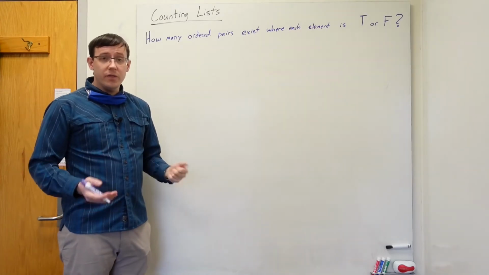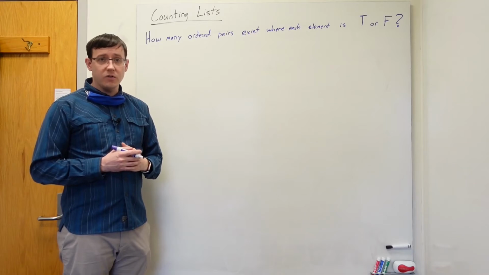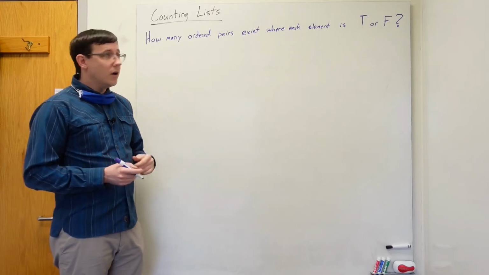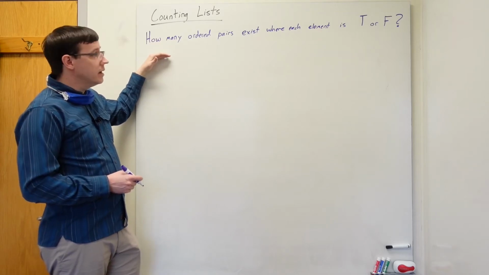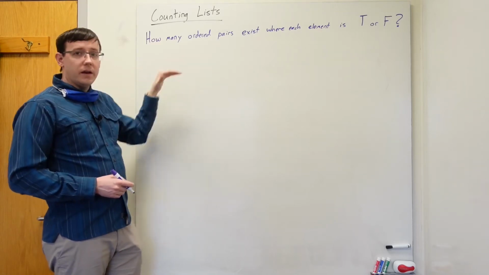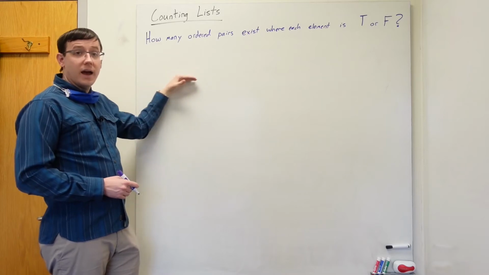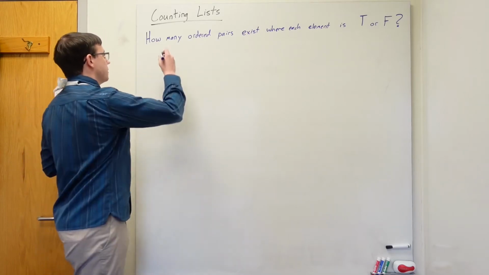And we could write those lists down in an organized way by having all of the lists that start with T in one row and all of the lists that start with F in another row.